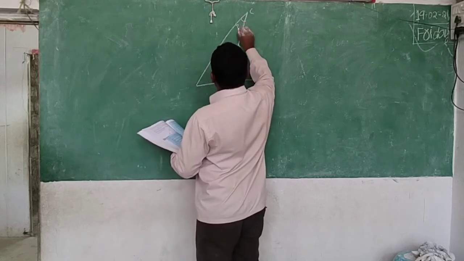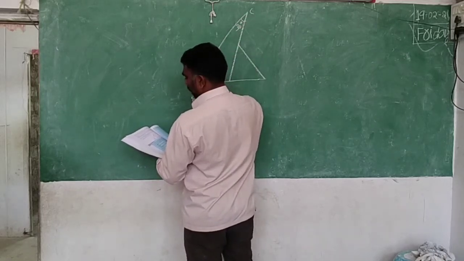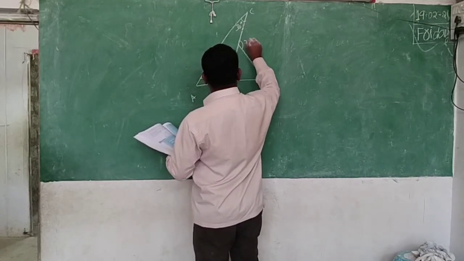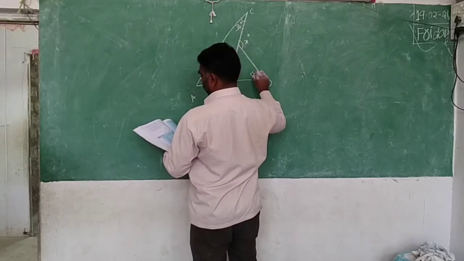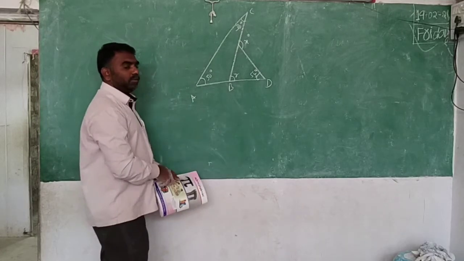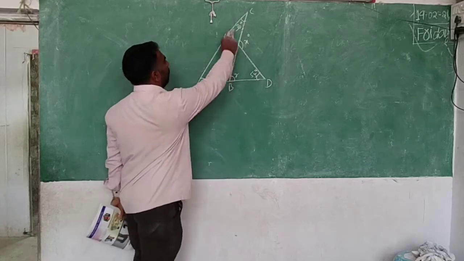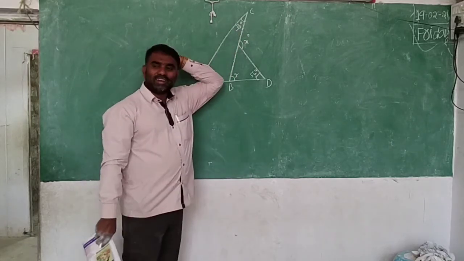This is 30 and it is 50. A very easy question, I think. 50 and 30. Very easy question. Why can you get it? Because of the exterior angle property. By using the exterior angle property, by adding these two you can get it.